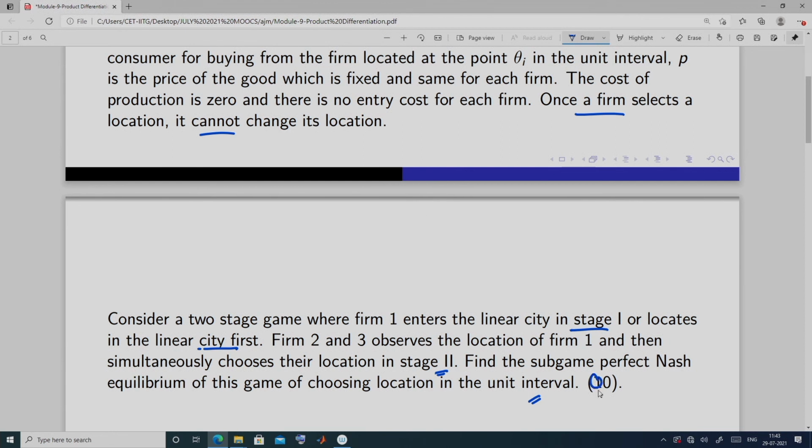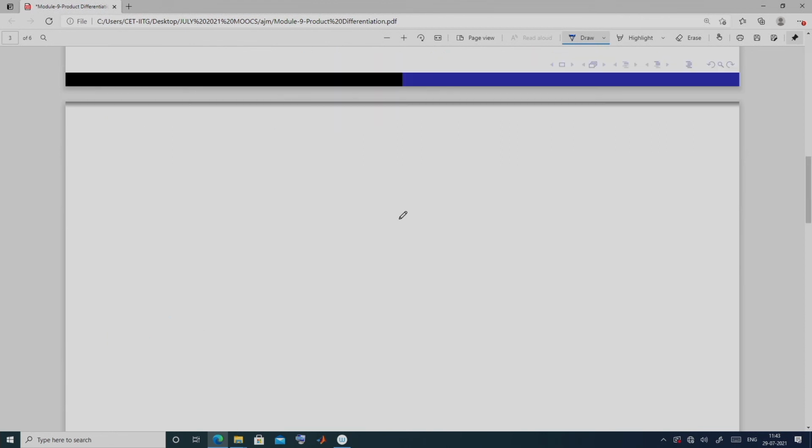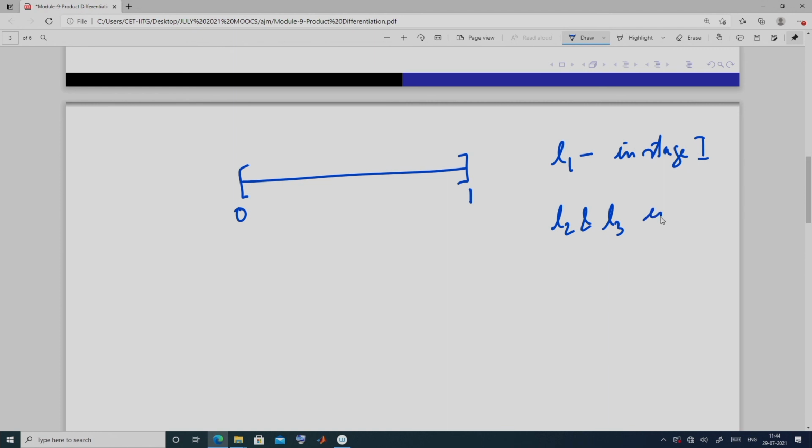Now, let us solve this. So, this is the unit interval. L1 is chosen in stage 1, and L2 and L3 are chosen in stage 2.